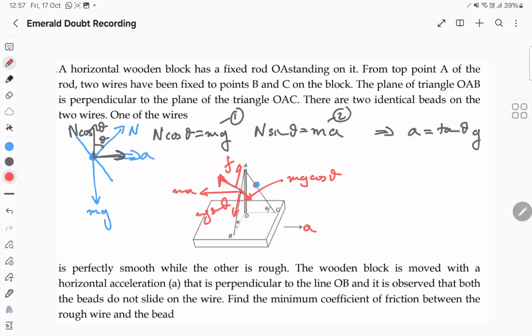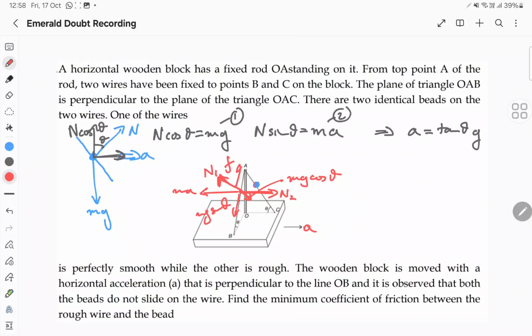See, it's a 3D drawing, I'm just trying to make it in this. If you have any issues, you can ask me, you can indulge more into it and understand. So that is one normal reaction, I'll say N1. And because of the pseudo force ma backwards, there is a normal reaction forward here. In real terms, you can say that this normal reaction N2 is the reason why the bead is going forward.